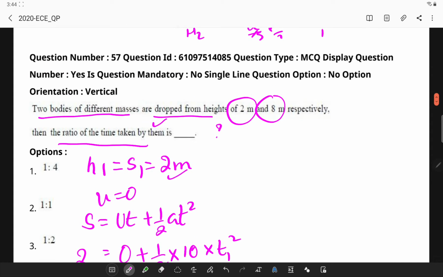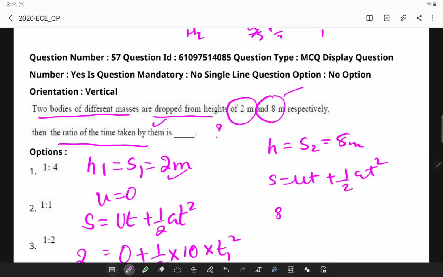Next, in the second case, h, or the distance traveled, is 8 meters. So same, s is equal to ut plus half at square. In this case, the travel distance is 8, and since it is a free falling body, u is 0 plus half into a, which is again 10, into t2 square.